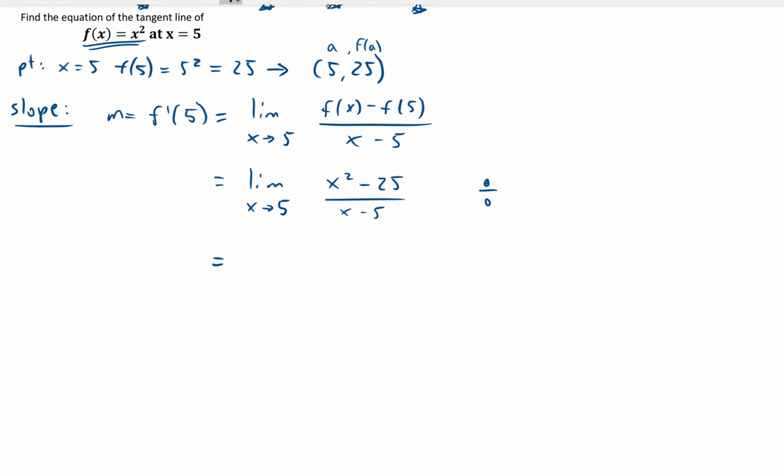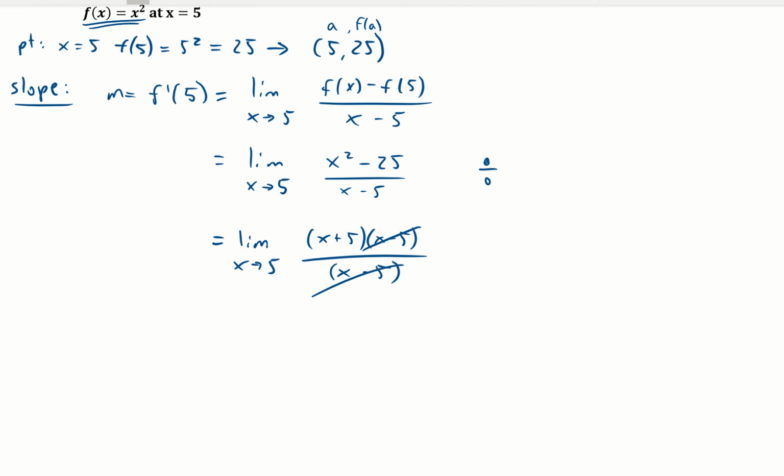Good. We're going to factor. x squared minus 25 is x plus 5 times x minus 5. And we notice right away there's a common factor. What do we do with our common factor? Cancel. So we're looking for the limit as x approaches 5 of x plus 5. Well, now that limit just became very easy to evaluate.